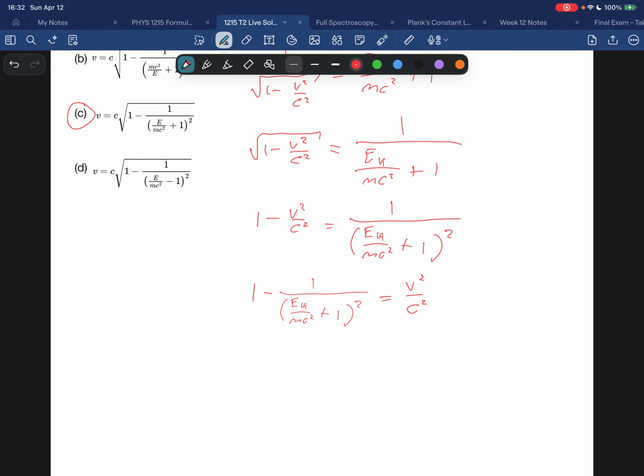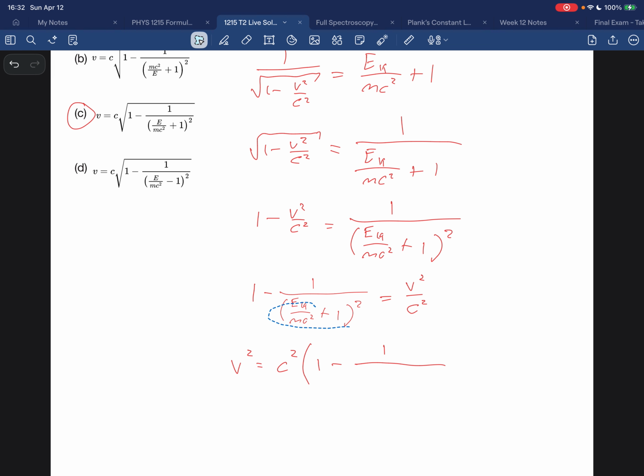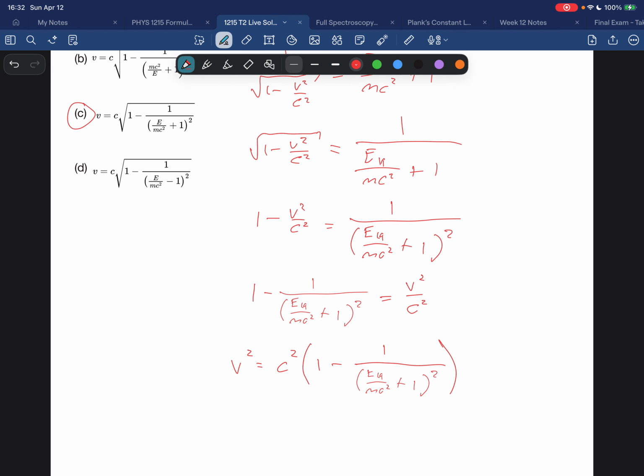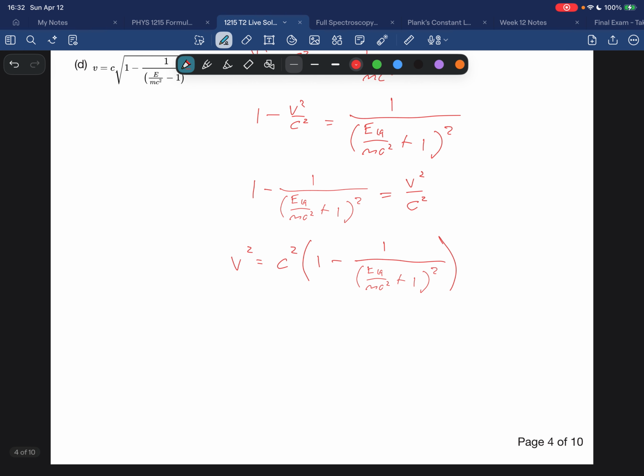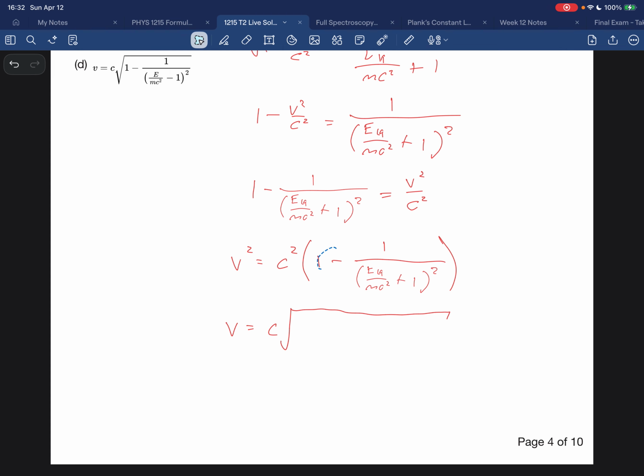Now I'm going to multiply everything by c squared. And I'm deliberately writing it like this, so that when I square root everything, the c out front gets square rooted, and then everything else is under the square root.